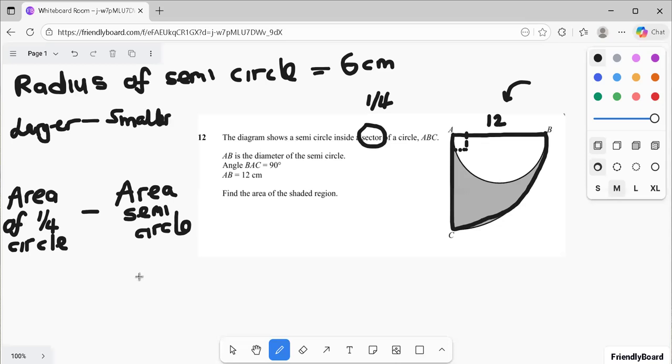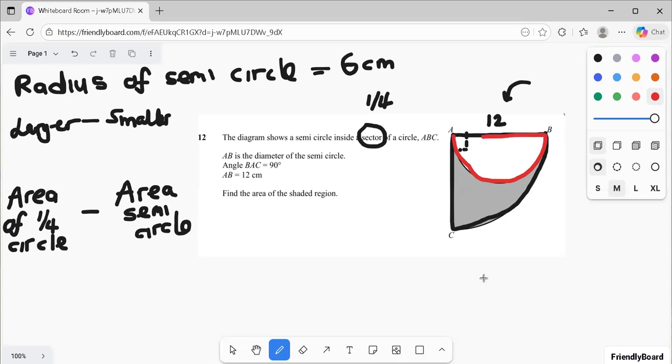Okay? And then area of the semicircle is, let me use a different color so that you can see the semicircle. This is the semicircle we're talking about.